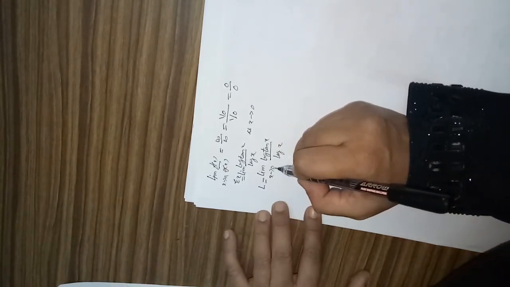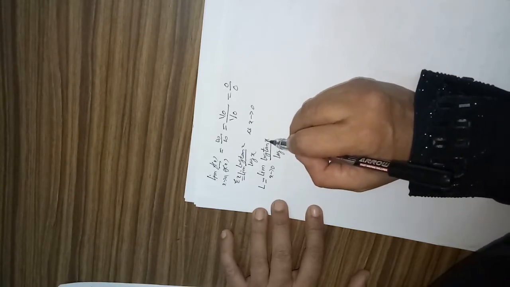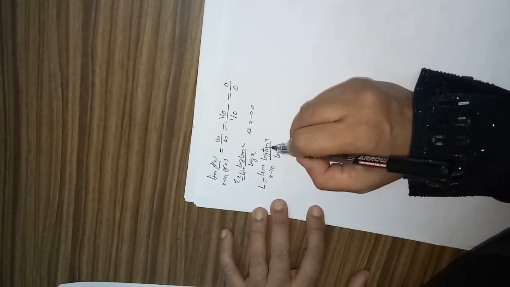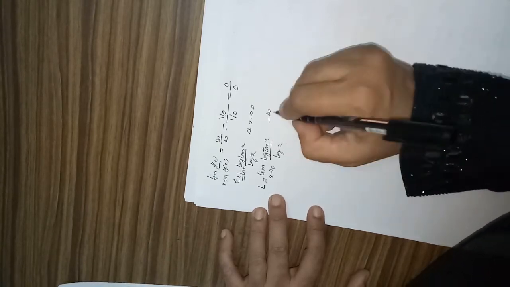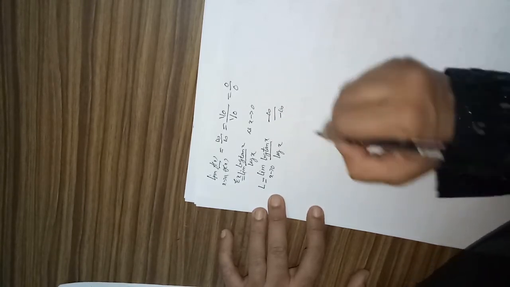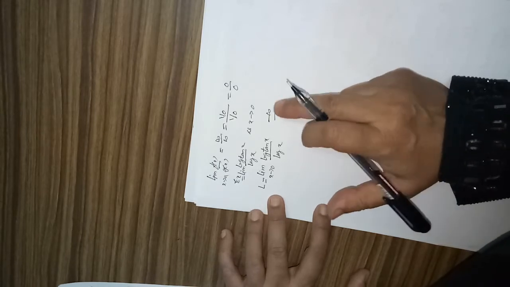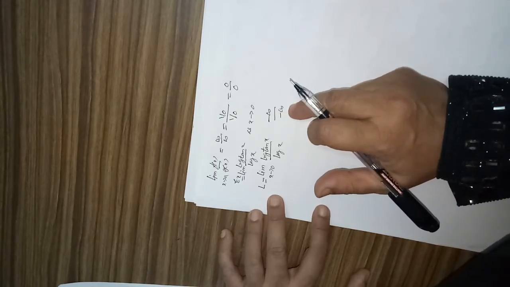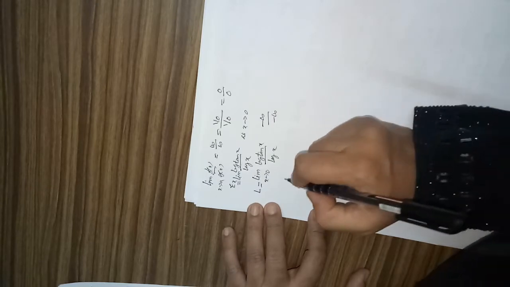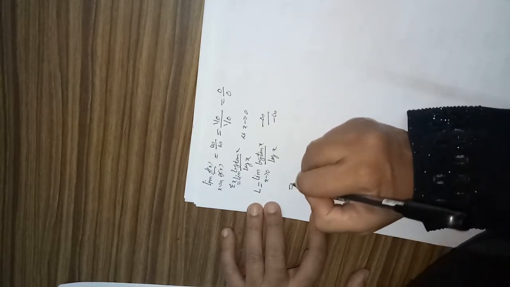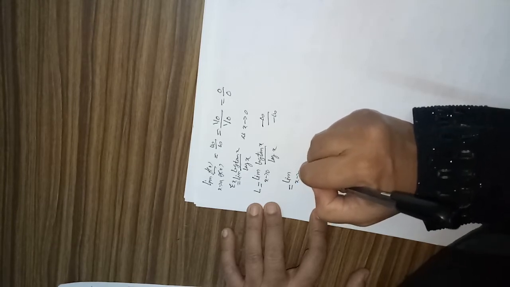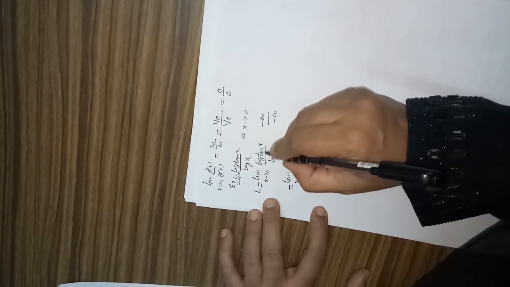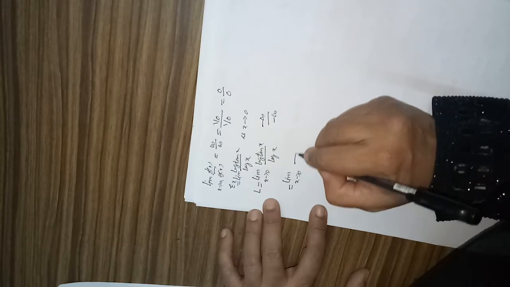Now if we substitute x equal to 0, tan 0 is 0, log of 0 is minus infinity, and log of 0 is minus infinity. Therefore it is infinity by infinity form, and hence we can apply L'Hospital's rule. So this is equal to limit as x tends to 0 of the derivative of the numerator independently.